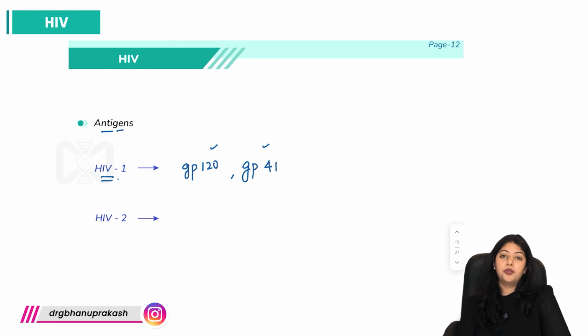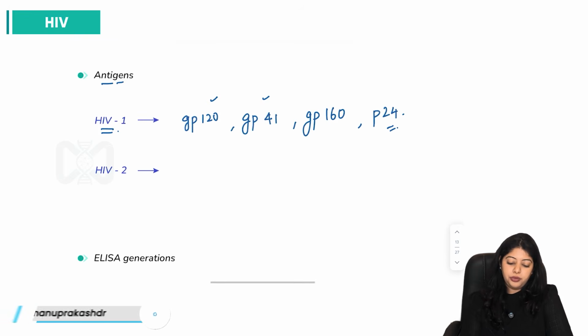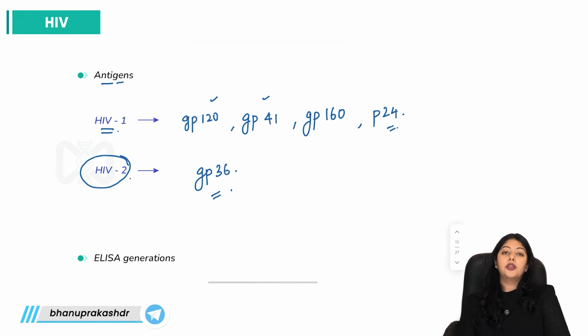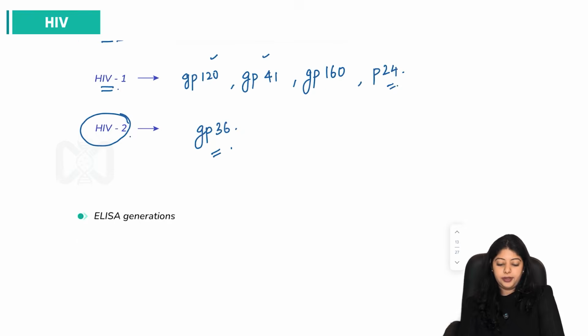This is fusion protein. Then GP160 and P24. Whereas for HIV-2, it is GP36. So these are the antigens which are used to detect antibodies in these particular tests.